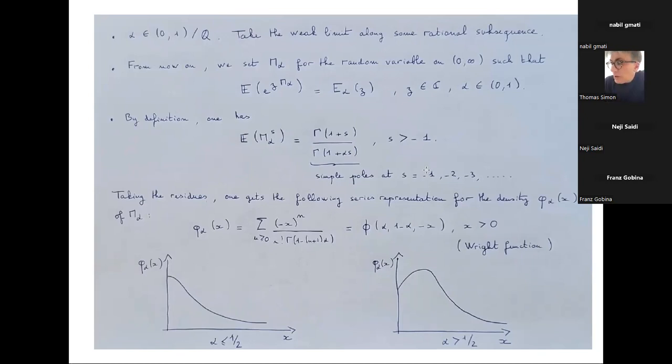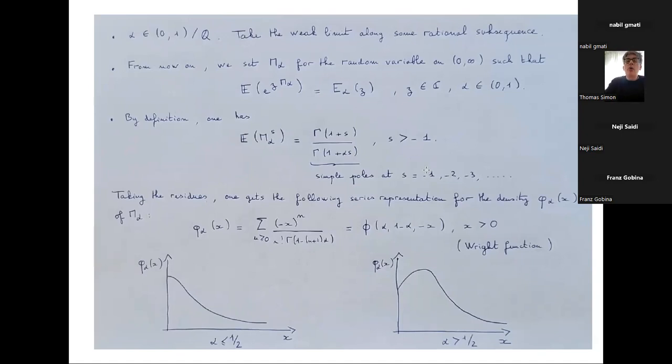And you can also recognize, lying behind, a so-called Wright function, which I did not define on the slide because I want to focus on this case. But everything I'm telling you about today could be reformulated in a more general framework, the two-parameter framework of Wright functions.